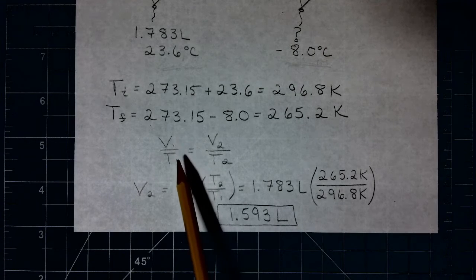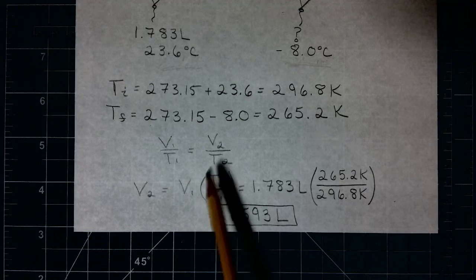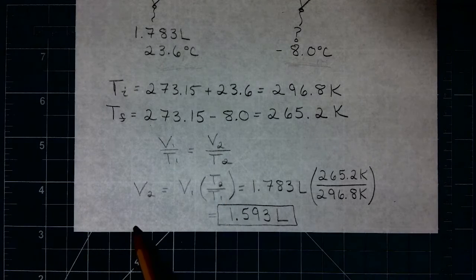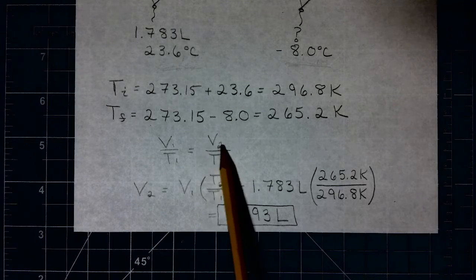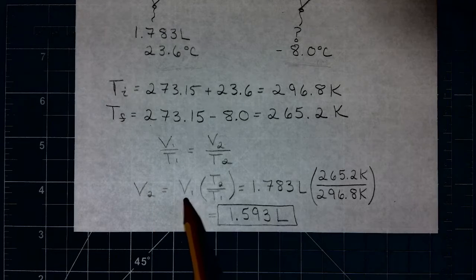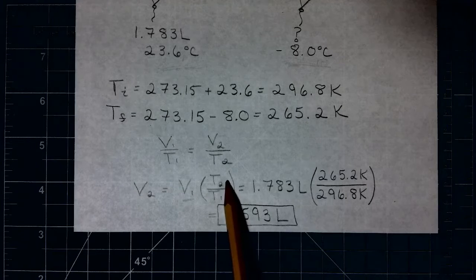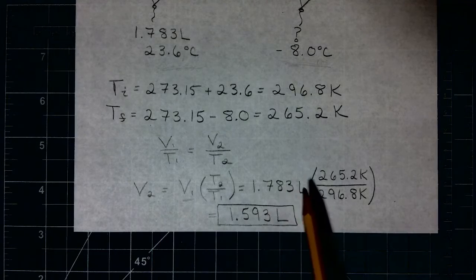Then we look at Charles' law. Here we have that the volume initial divided by the temperature initial is equal to the volume final divided by the temperature final. We want to know the final volume. And so when we rearrange to solve for that, we get that it is equal to the initial volume times the final temperature divided by the initial temperature.